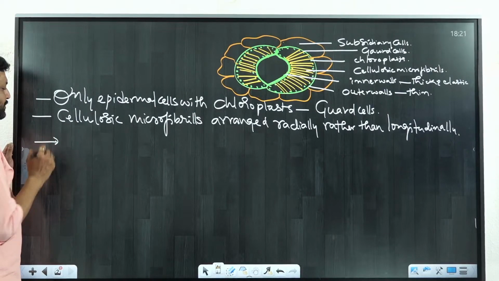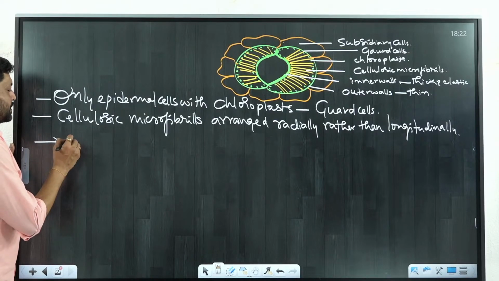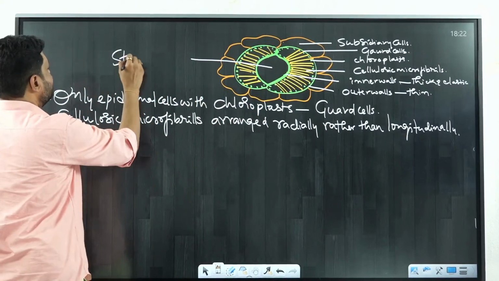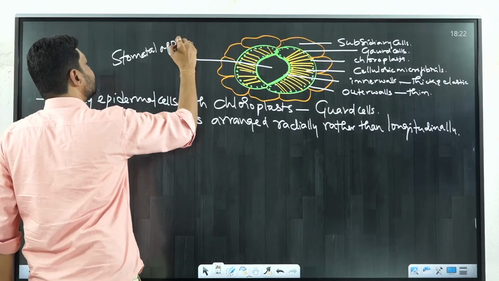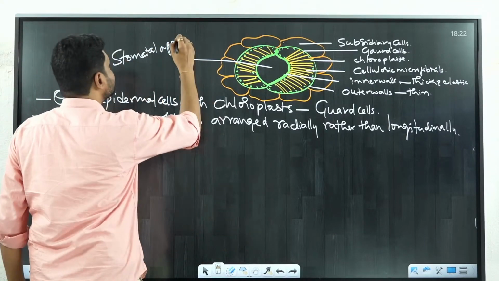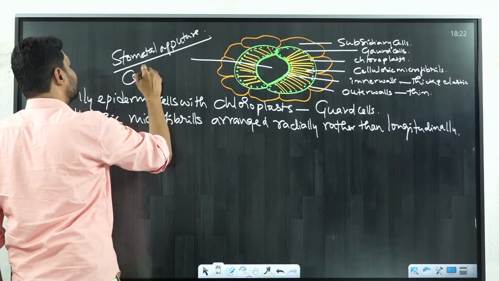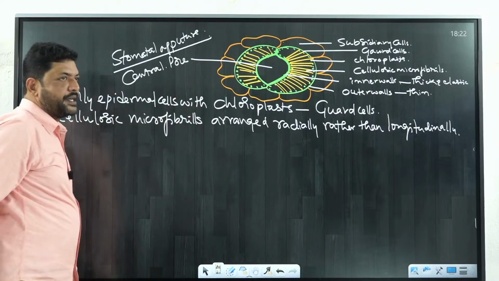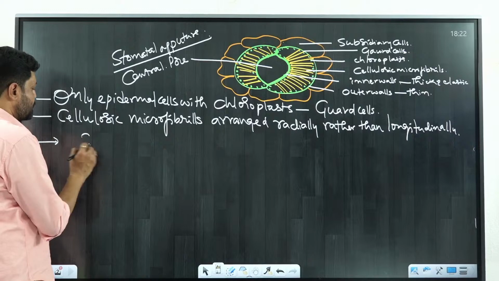One more question appeared earlier, an APMT question, PYQs. The central part is called the stomatal aperture, or pore. Was it clear?